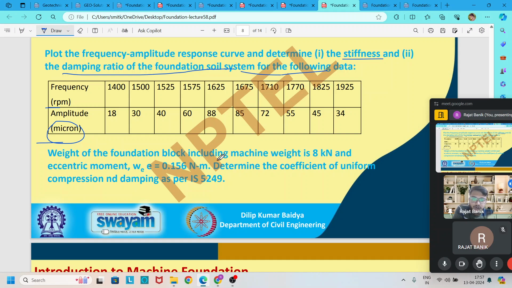The weight of the foundation is given as 8 kilonewton, and the eccentric moment is given as 0.56 Newton meter. Determine the coefficient of uniform compression and damping as per IS 5249.